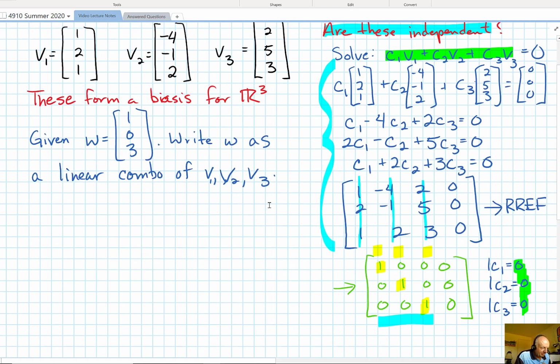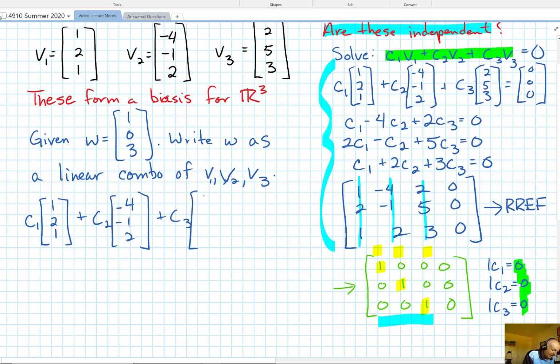So what we're saying there is I need to find a C1 times V1 plus a C2 times V2 plus a C3 times V3. So I'm taking a little bit of V1, a little bit of V2, a little bit of V3, adding those together, and I want to end up with W. Okay. I want to solve that equation.